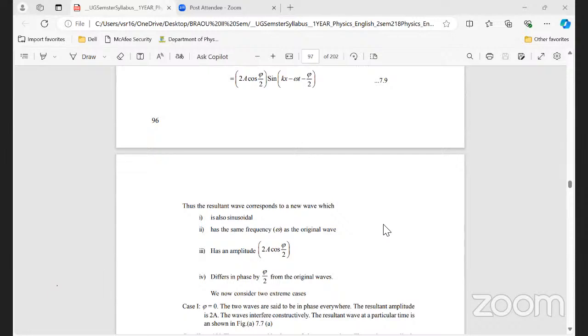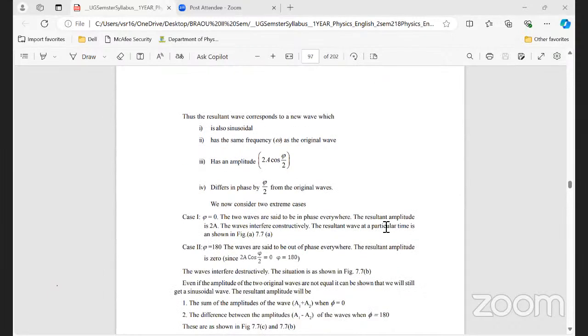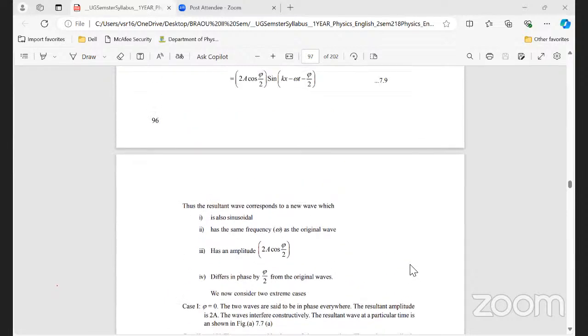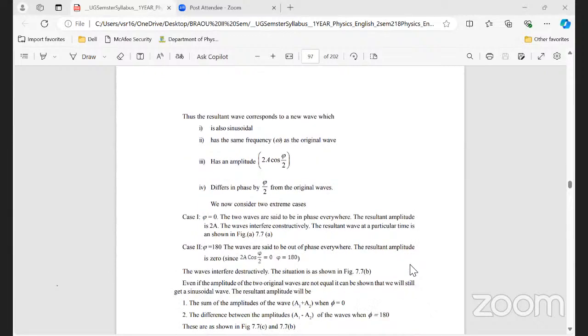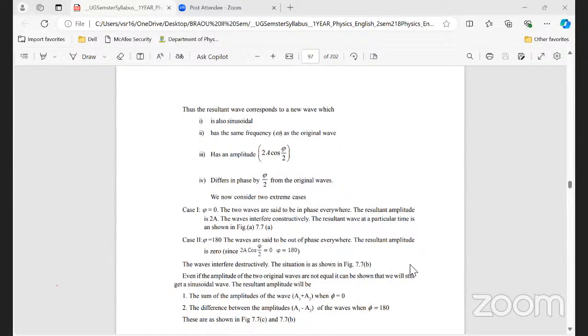Next, let us consider two cases. When phi equals 0, cos 0 means 1, and also phi equals 180 degrees. By substituting these conditions here, how are they going to change? You need to find out.